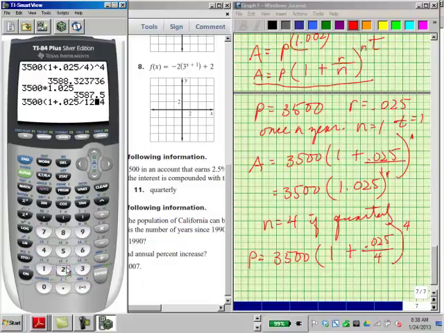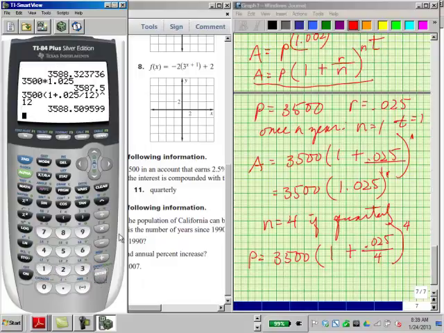So we're going to compound 12 times a year, and then up arrow, and we're going to make this 12. Okay, it went up to, the difference between quarterly and monthly is about 18 cents.